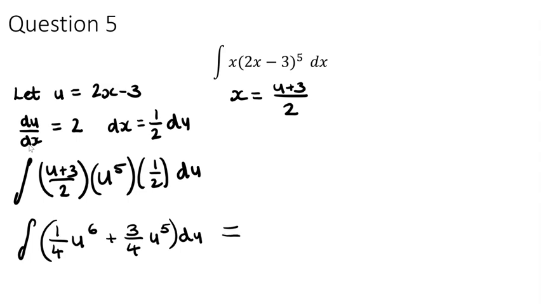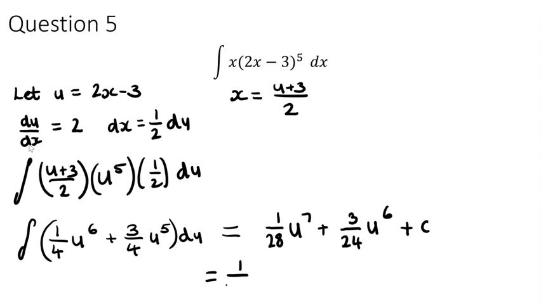And then we've got something that's much simpler to evaluate. All I need to do to the u's here is add 1 to the power. So u to the power of 7, divide by the new power, 1 over 28. And then again, add 1 to the power, u to the power of 6, divide by the new power, 3 over 24, and then plus c.